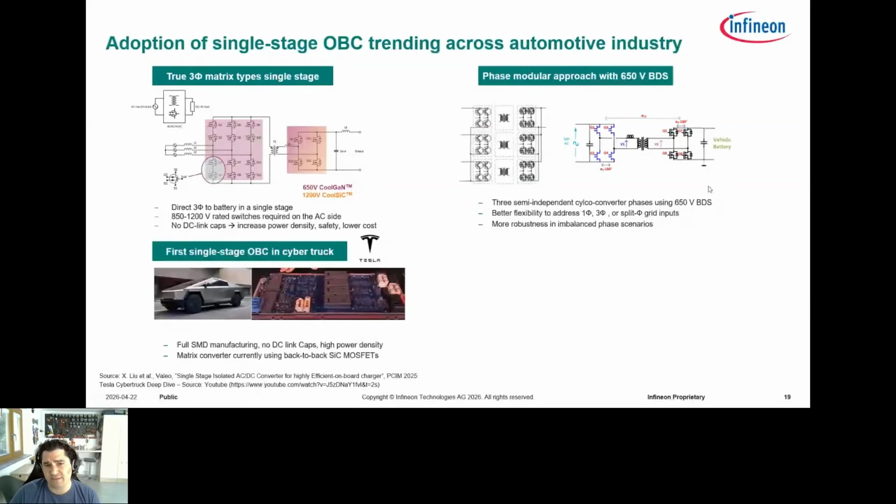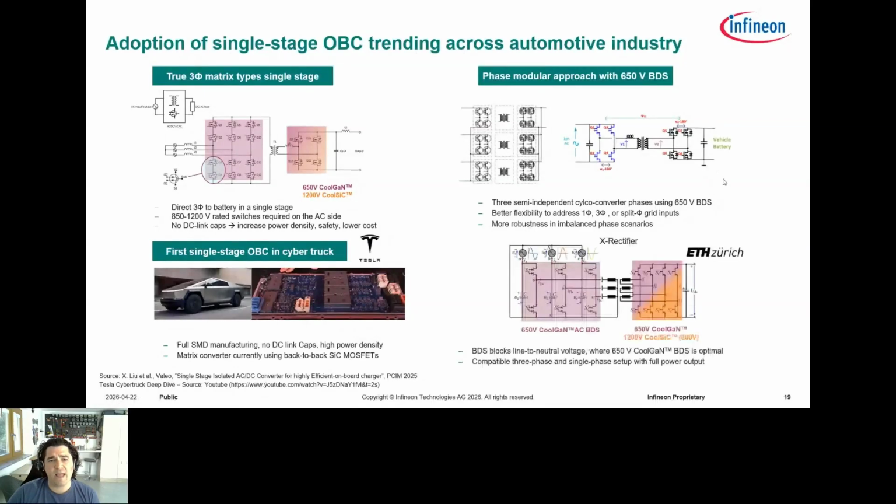Now, there is a third option for the three-phase, which was developed by ETH Zurich. And I have more about that in the next slide. But compared to these other approaches, you have fewer switches, especially on the secondary side, but you do still get all these benefits of flexibility for imbalanced phases, single phase, three phase, two phase.